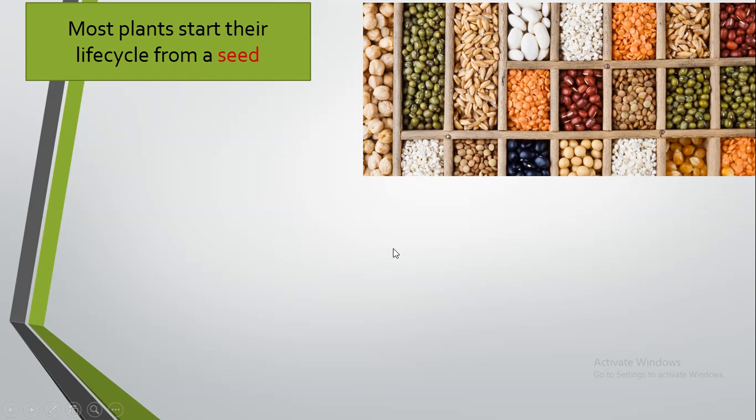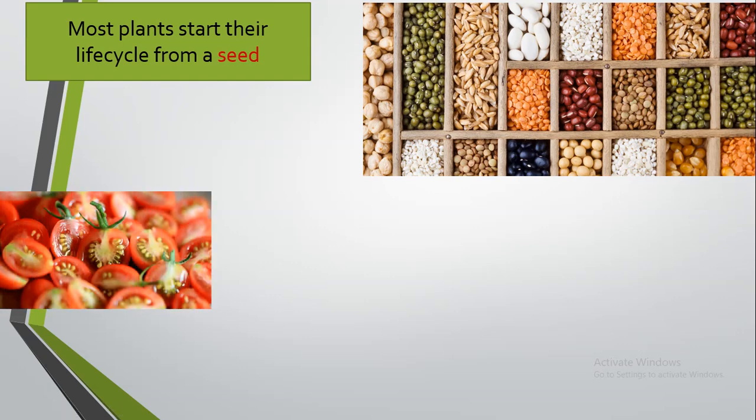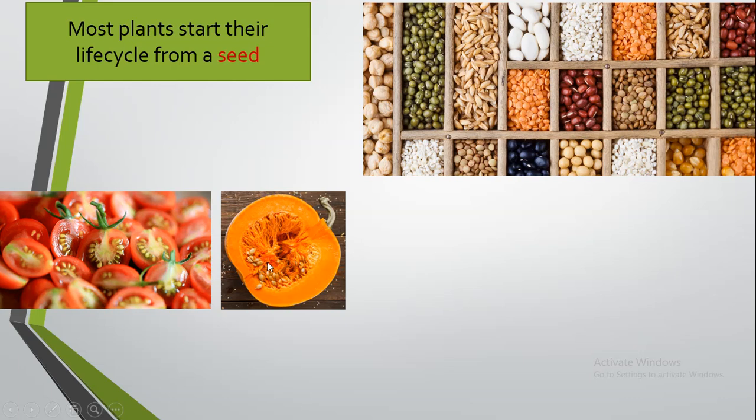Where do we find these seeds? Look at these two pictures. You can find the seeds inside fruits, like this pumpkin here. And you can find the seeds of tomatoes inside the tomato fruit.